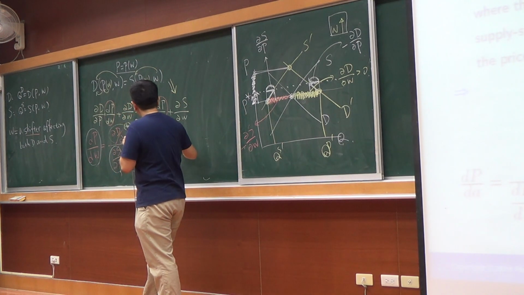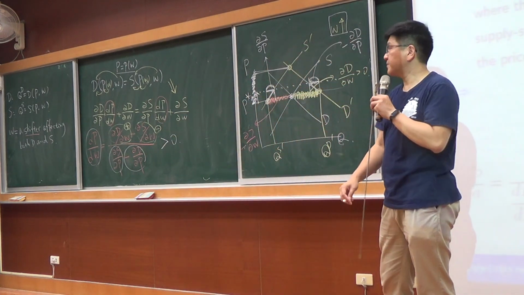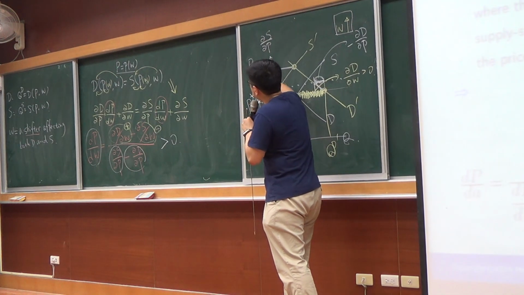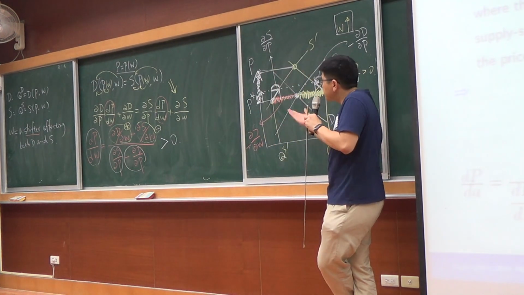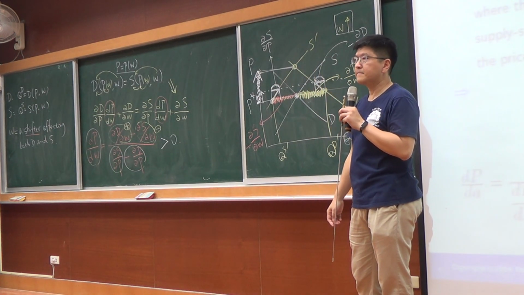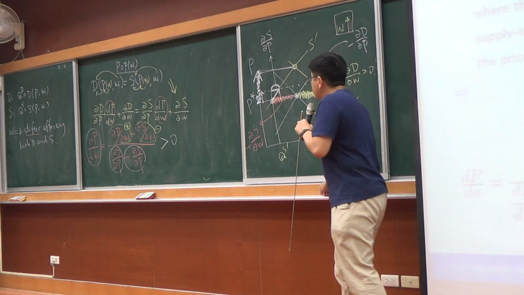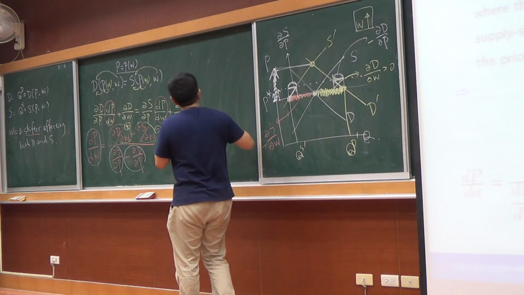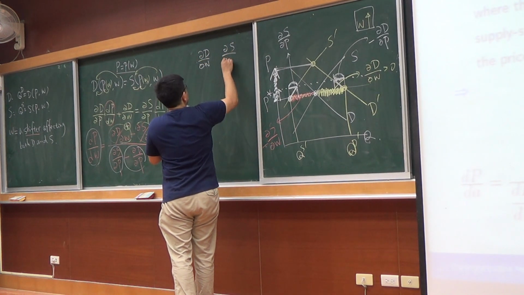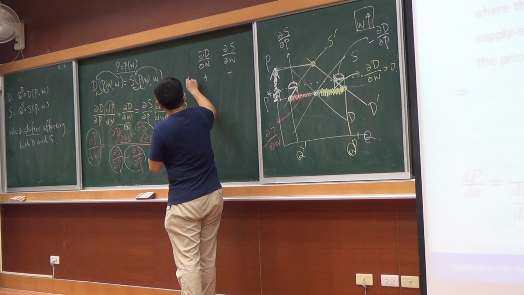So both the numerator and denominator are positive. So the ratio is positive. And you see the direction of change in P is positive. Okay? So this is case number 1, a positive, negative.